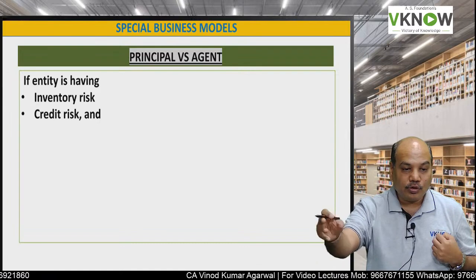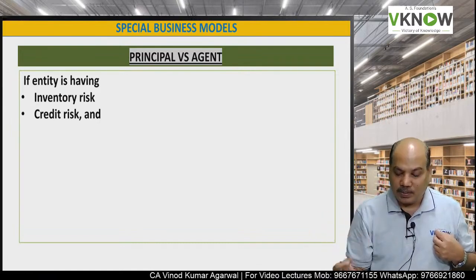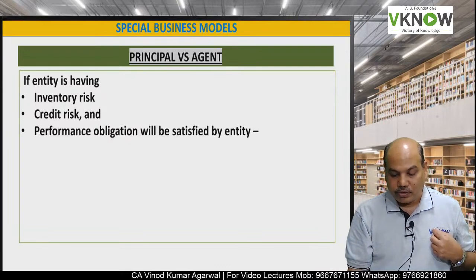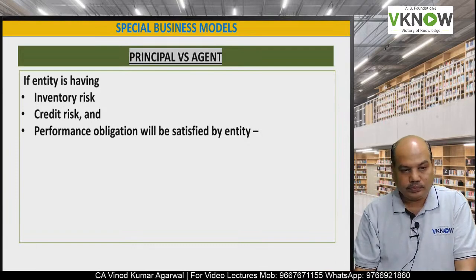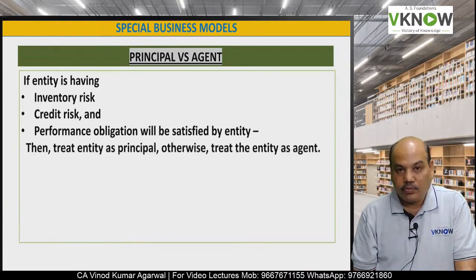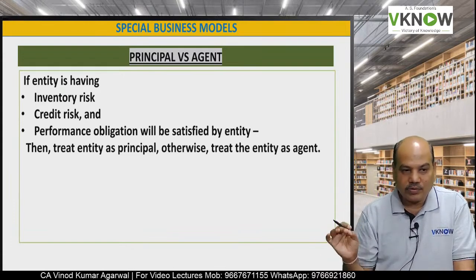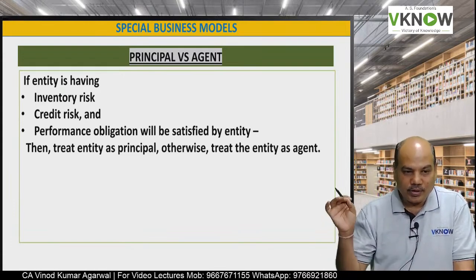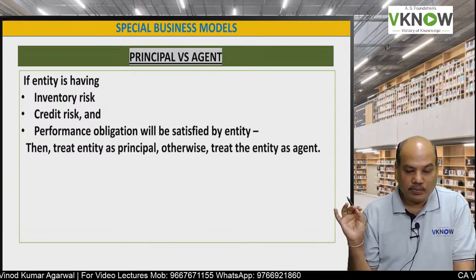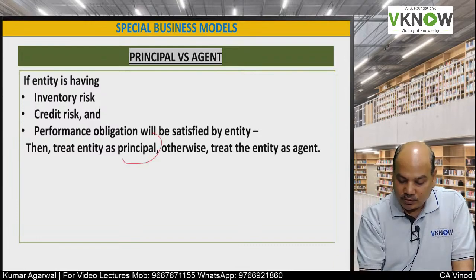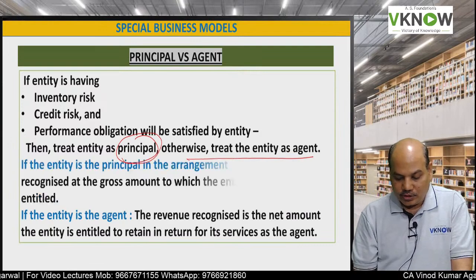If the other party is not able to collect the amount from the customer, I will have to bear the bad debt risk, that is credit risk, and I have to satisfy the performance obligation. Then we are principal. If we are carrying inventory risk, carrying credit risk, and are responsible for performing the obligation, then we are the principal. Otherwise, the entity will be treated as agent.